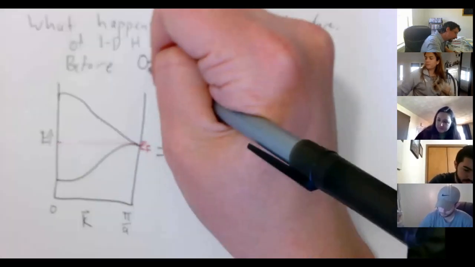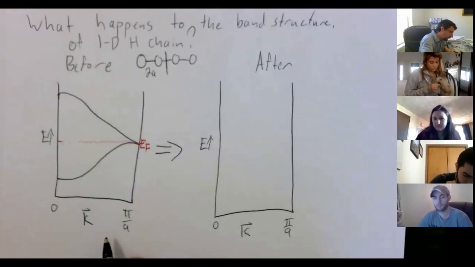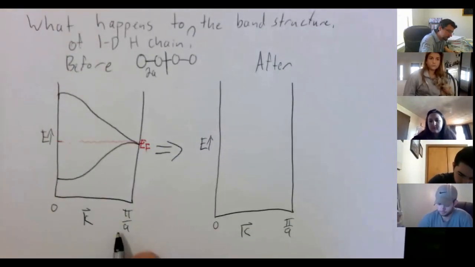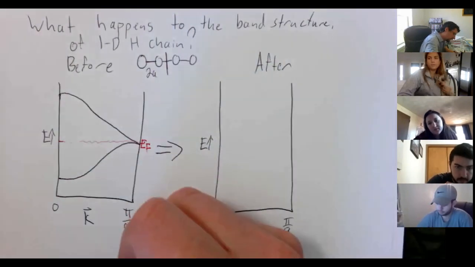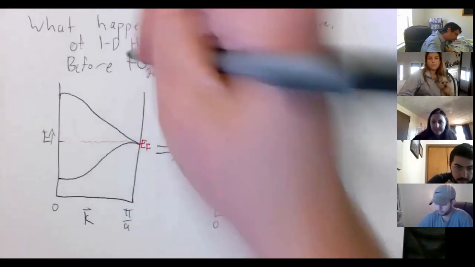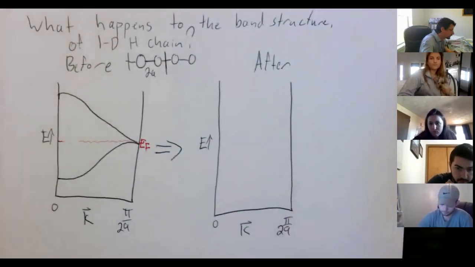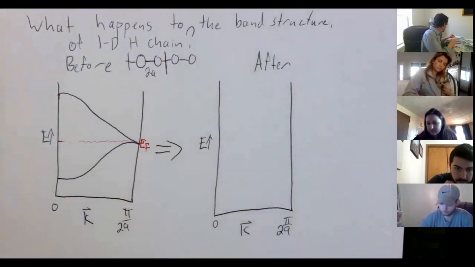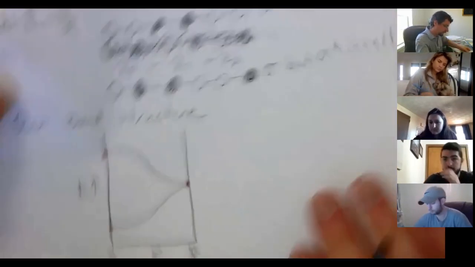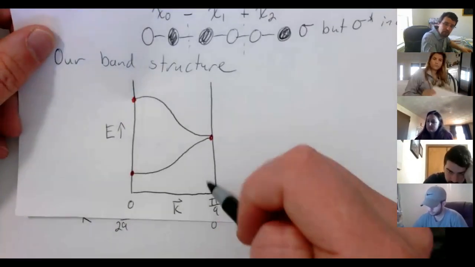So we shouldn't be going to pi over a. What should we be going to? 2a. Oh, pi over 2a. Yep, and actually, we should probably change that in our other ones. So what we drew here should actually be pi over 2a.